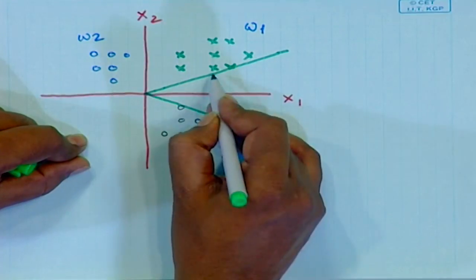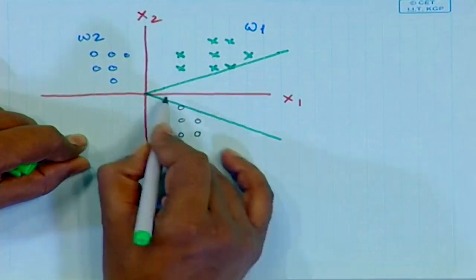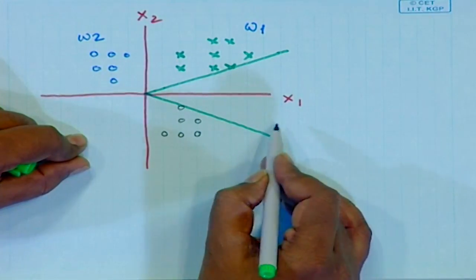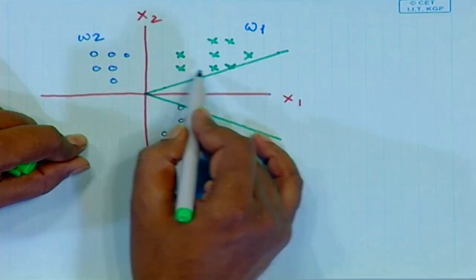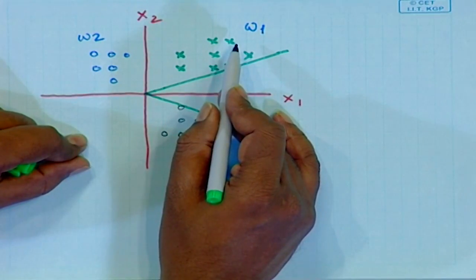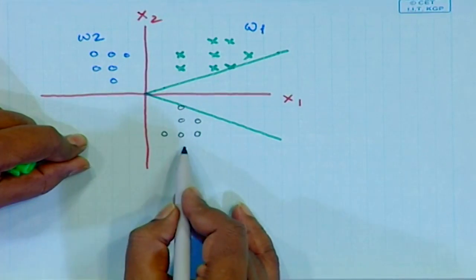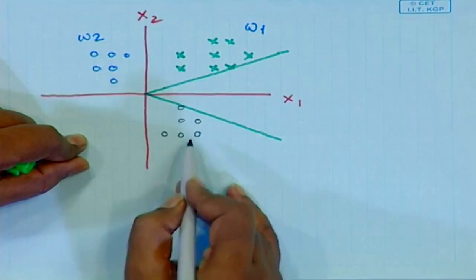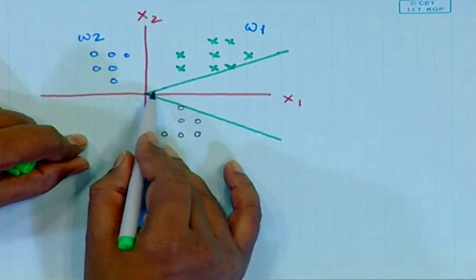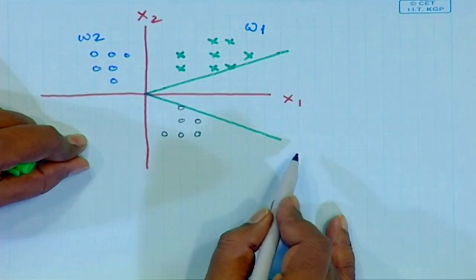Within this region, whatever be the orientation of the straight line, it is going to classify this set of samples from omega 1 and also this set of samples from omega 2 properly, for any position of the straight line within this region.